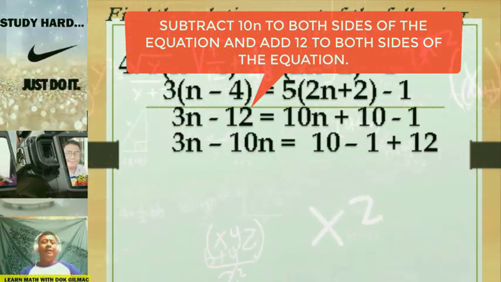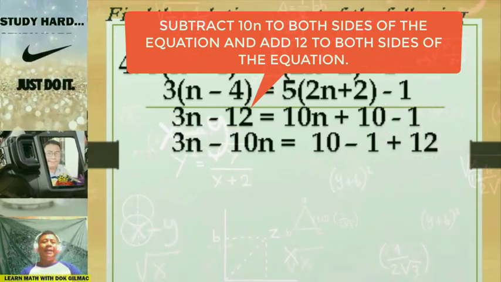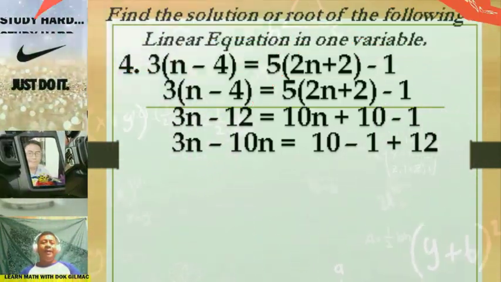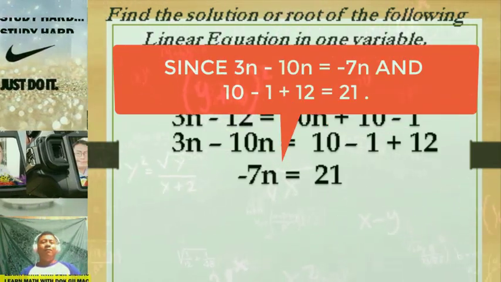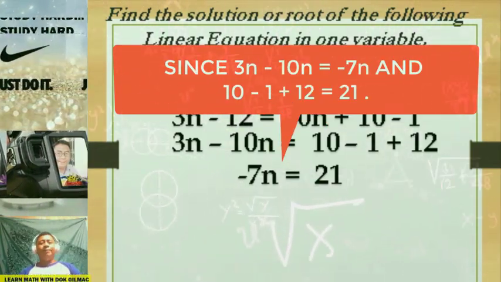Simplifying further, 3n minus 10n is equal to negative 7n. 10 minus 1 plus 12 is equal to 21.